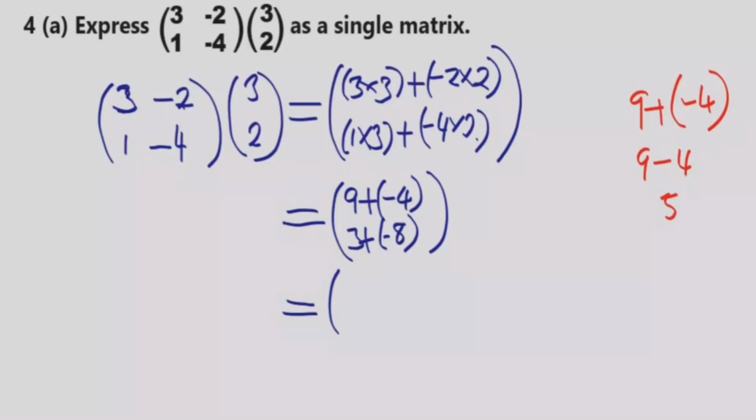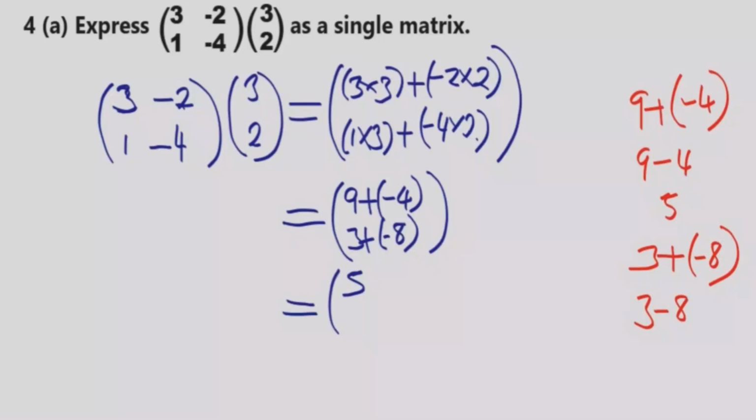So I'm going to write 5 here on top. Then again we come down here and concentrate on this one down here. We have 3 plus -8. So we write 3, then positive times -8 will give us -8.